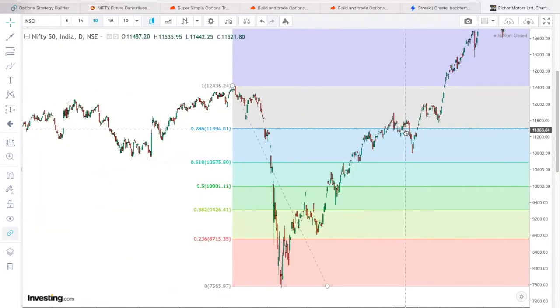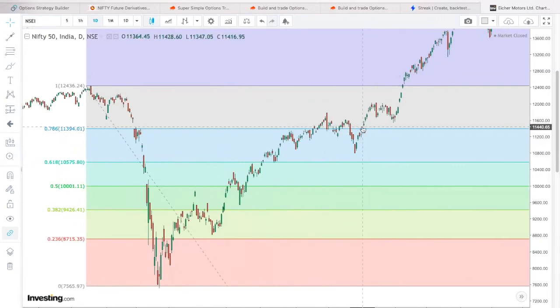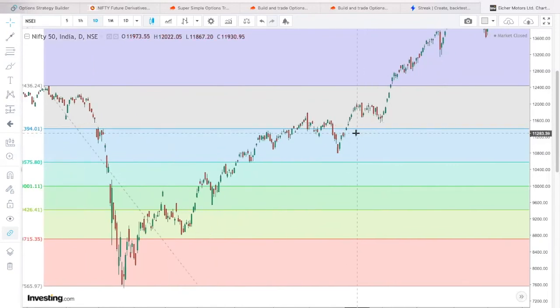A very strong gap up, a very nice candle. The candle is not so big, but there is a good gap up. It cleared 0.786, and it went up again. A little consolidation. Sideways is also called consolidation. It consolidated and moved up. Finally, a lifetime breakout happened.